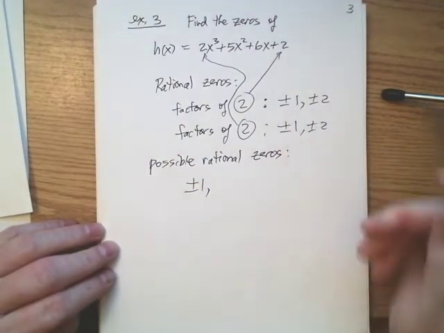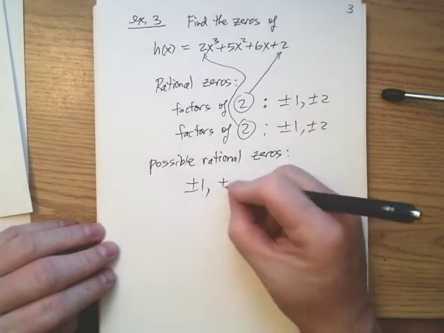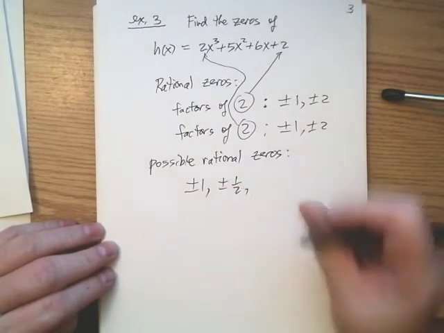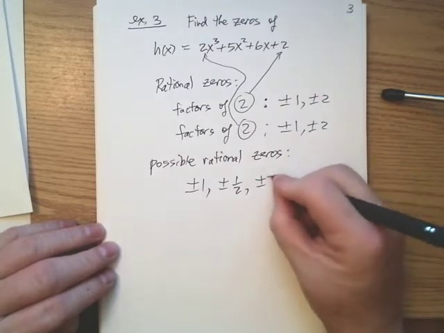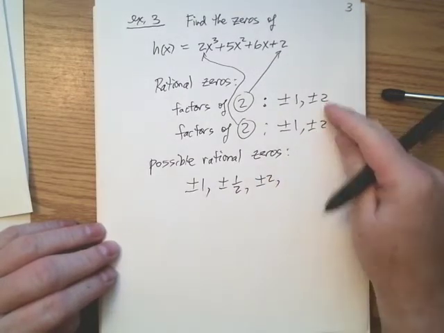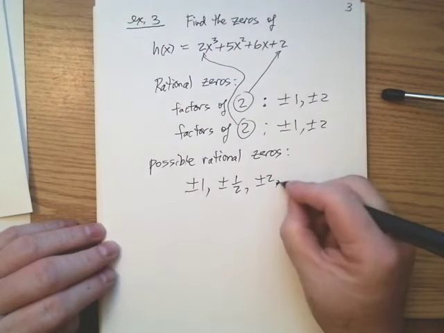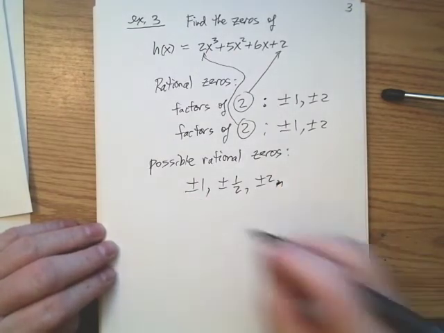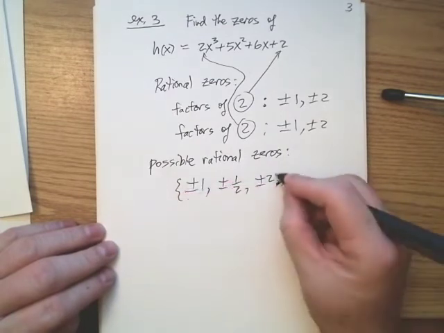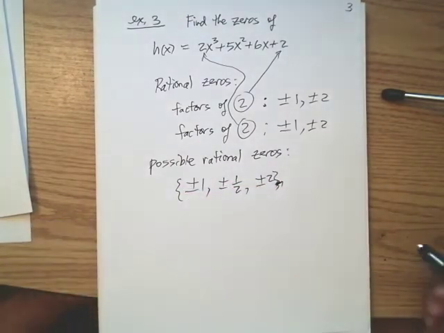Plus or minus 1 divided by plus or minus 2 would be plus or minus a half. Plus or minus 2 divided by plus or minus 1, plus or minus 2. And then plus or minus 2 divided by plus or minus 2 is really just plus or minus 1, and I already have that in my list, right? So these are the possible rational zeros, or potential rational zeros.